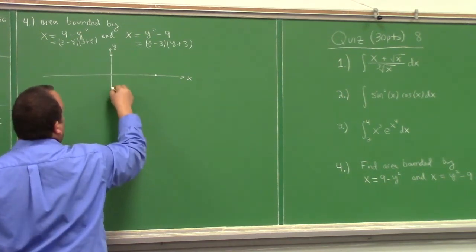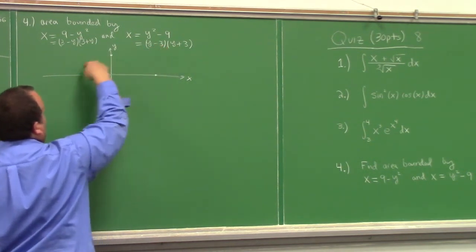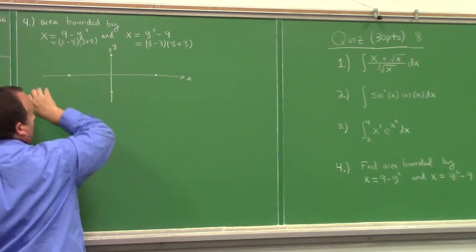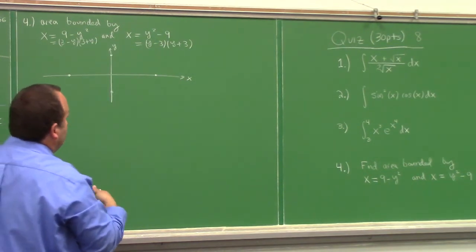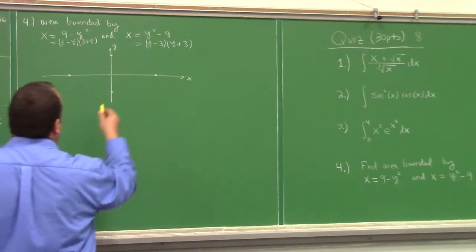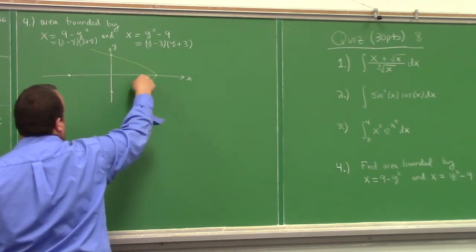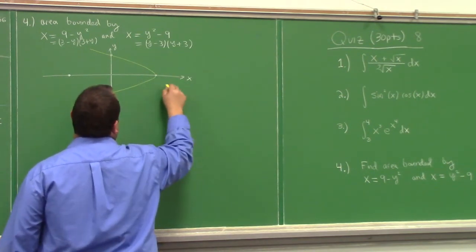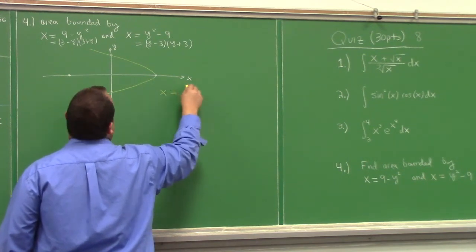Now this one has an x-intercept which is -9. It's over here, and it opens that way. So these are both sideways opening parabolas. So let's see here, I'll try this one. In the yellow, I've done x equals 9 minus y squared.